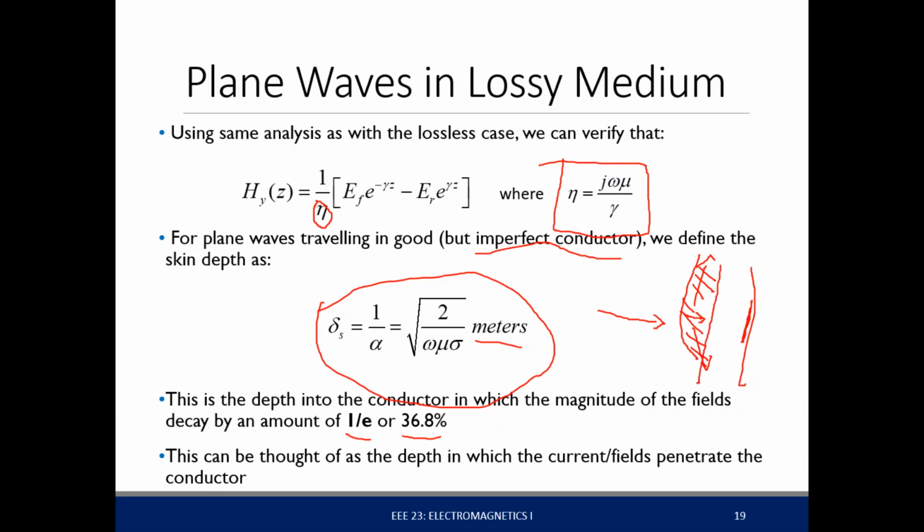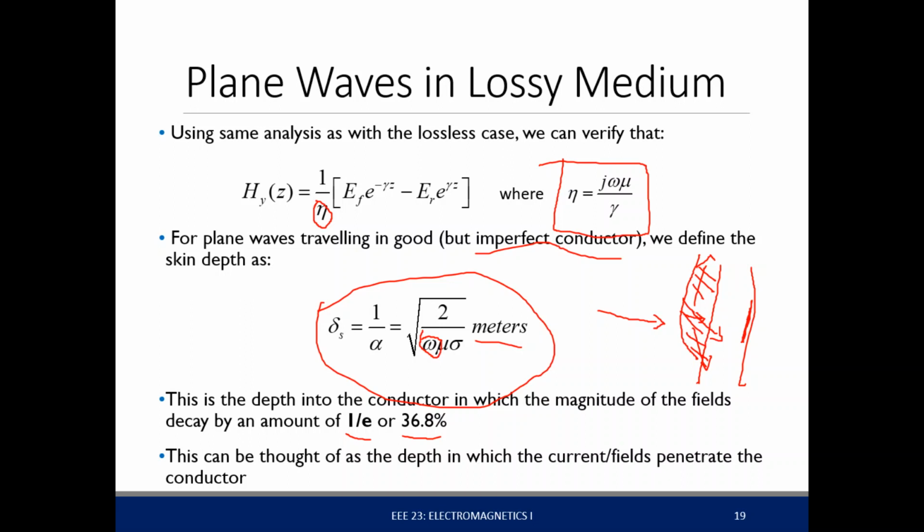Okay? So, the skin depth is the thickness of the conductor that will make our electric field, our electromagnetic wave rather, decay by 36.8%. Okay, so if we power up our circuit with a very low frequency, you can see here that it's dependent on frequency.